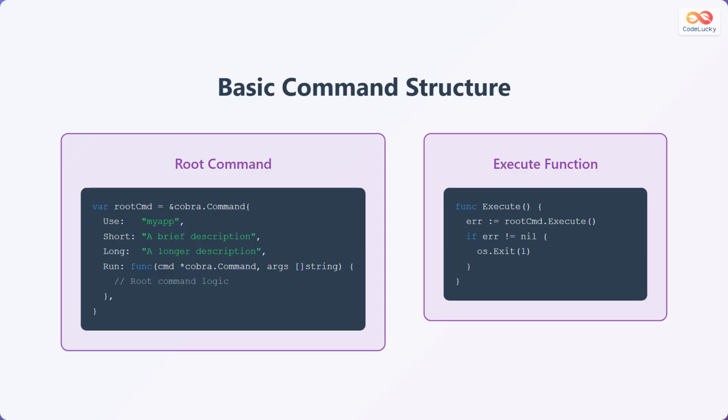The Run field contains a function that executes when the command is called. This function receives the command itself and any arguments passed to it. To make your application executable, you need an Execute function that calls the Execute method on your root command. If any errors occur during execution, the application should exit with a non-zero status code.